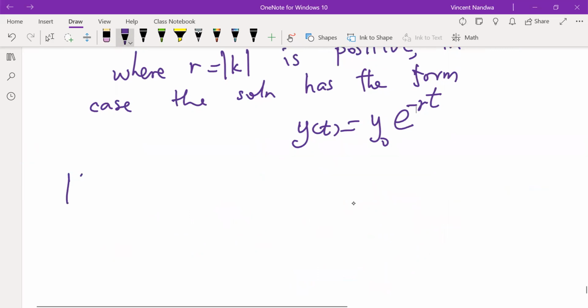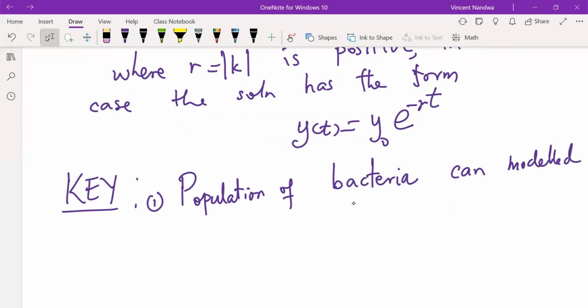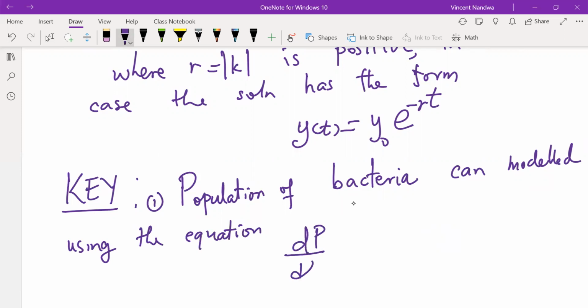So some key things. Number 1, population or bacteria can be modeled using the equation dP dt equals kP.